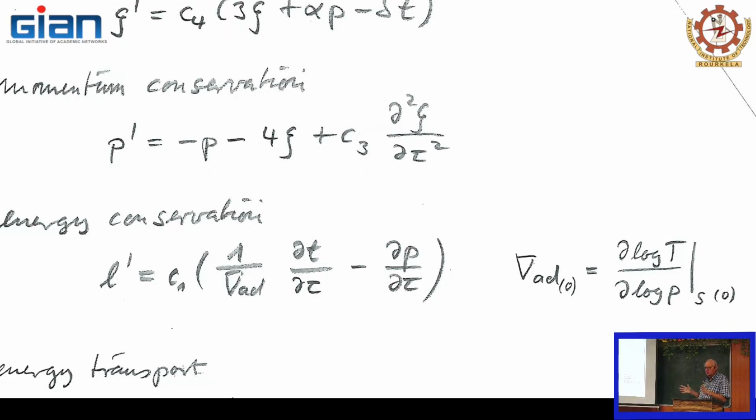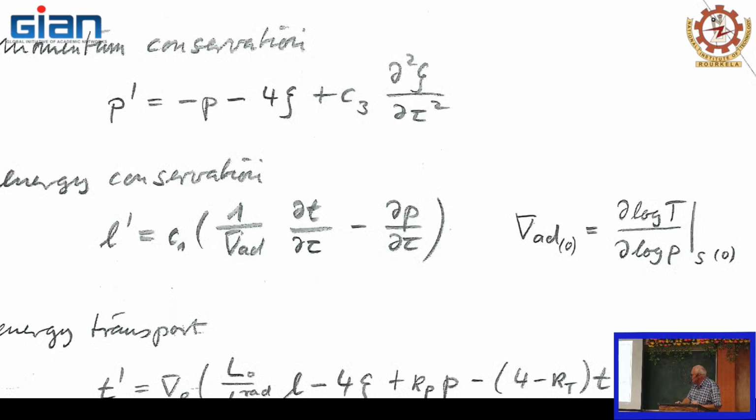You are not free to choose any other boundary conditions in the center, because if you want to have regular solutions, you are forced to have these boundary conditions of vanishing brackets above and down. Okay, so let us proceed further with the discussion of this equation and its solution.